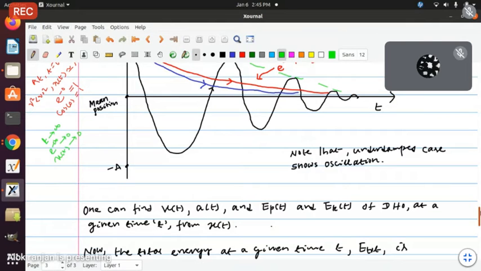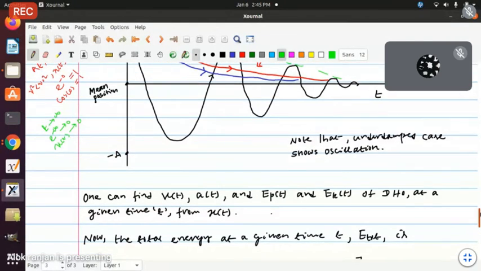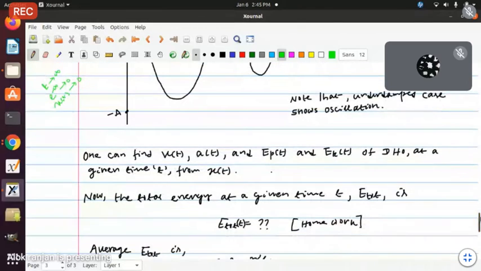Okay, so now you can use the same method that we have already done for the simple harmonic oscillator case, and you can get the velocity, acceleration, and therefore the total energy associated with the damped harmonic oscillator for any one of these cases, namely critical damped, underdamped, and overdamped.